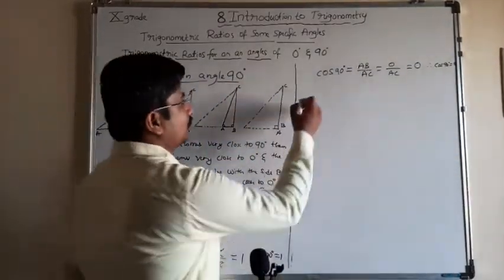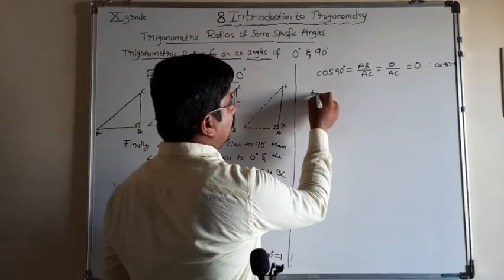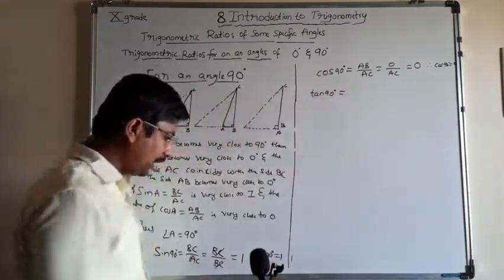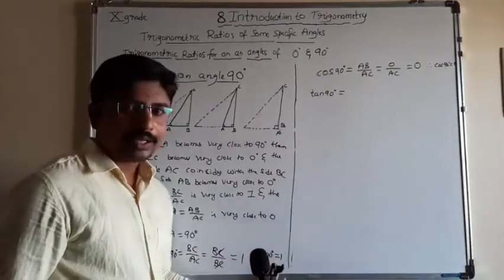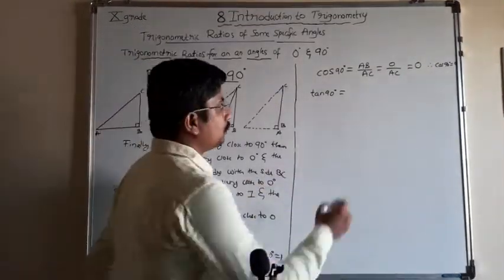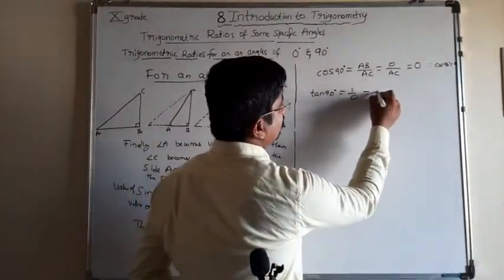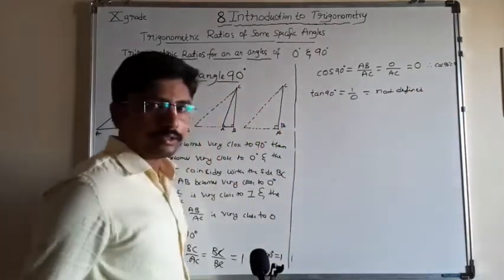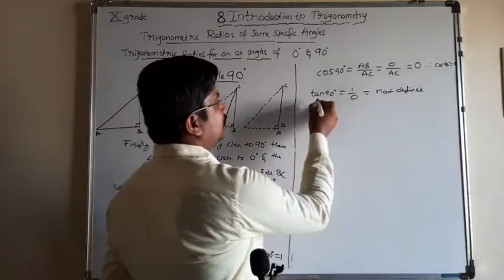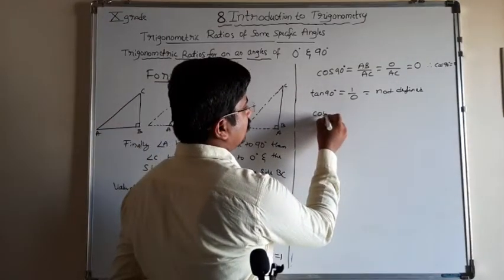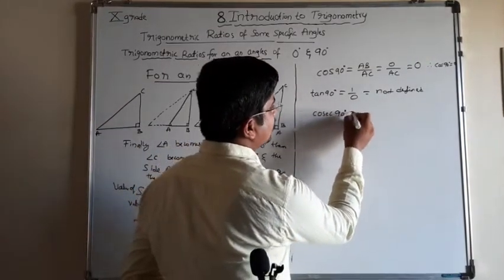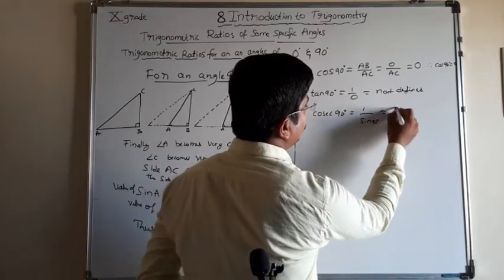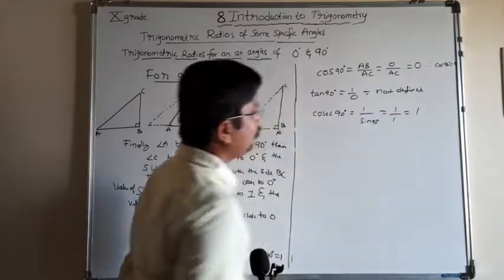Next, the third trigonometric ratio, the value of tan 90 degree is equal to sin divided by cos, 1 divided by 0, which is not defined, or infinity. Next, cosec 90 degree is equal to 1 upon sin 90 degree, that is 1 divided by 1, which is equal to 1.